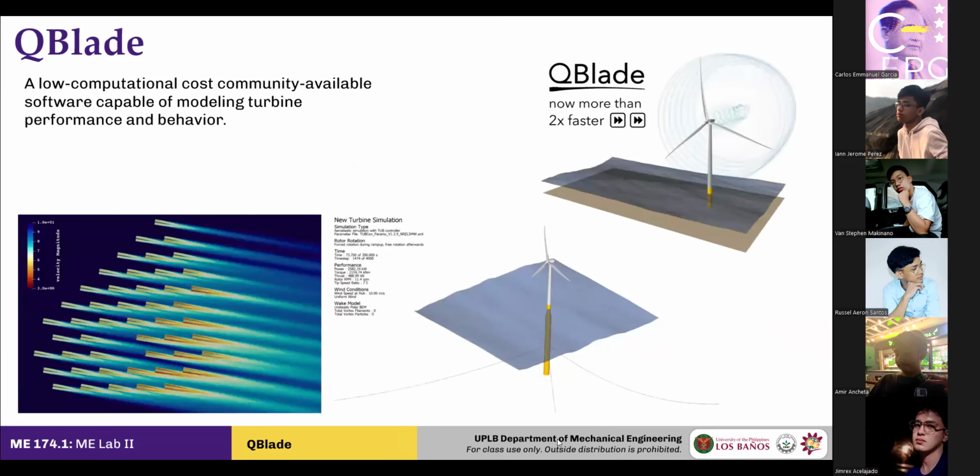Yun, okay. So now we're going to explore this very weird software that we call QBlade. So, para din sa mga nagse-thesis sa CFD, you may notice na depending on your boundary conditions and initial conditions, very expensive siya computationally.